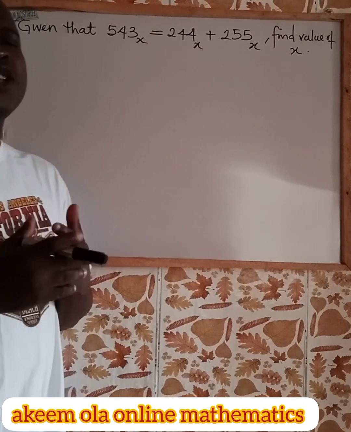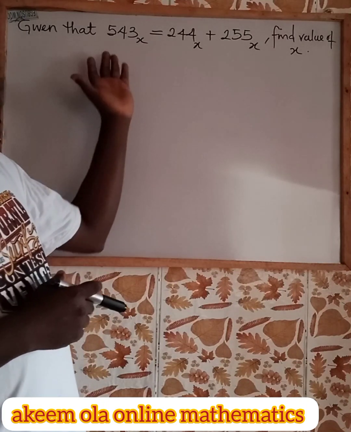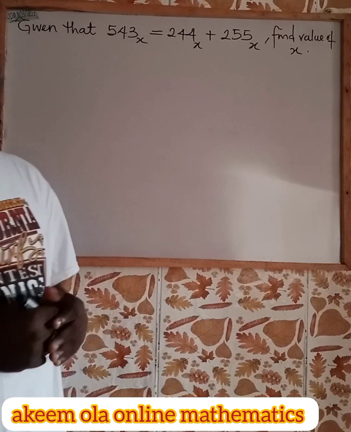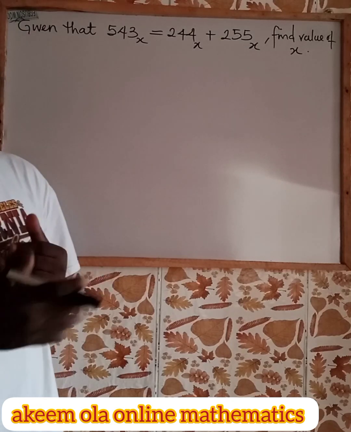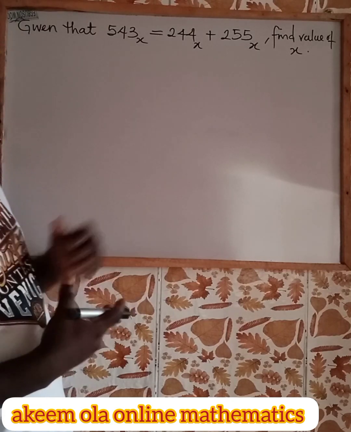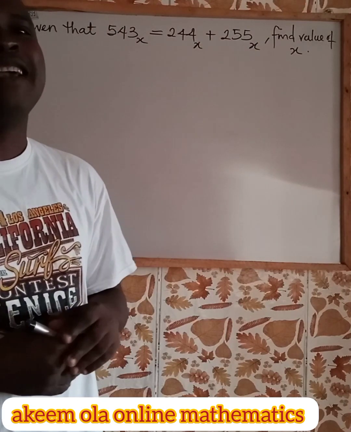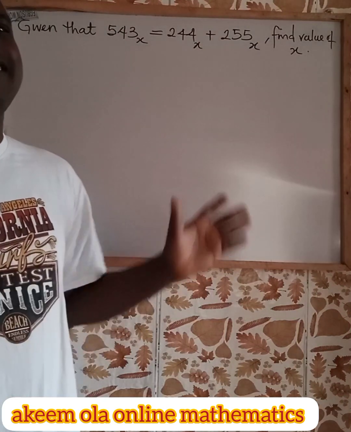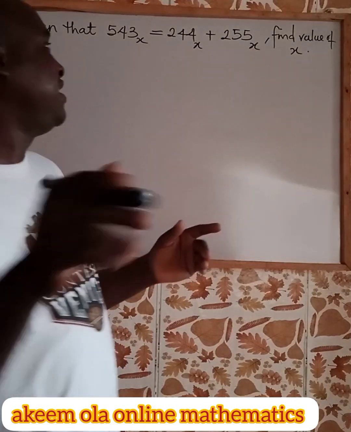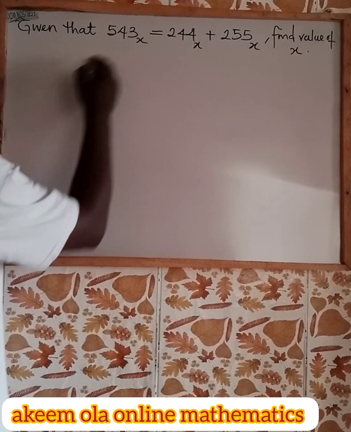Whenever you are given a question like this, it will be difficult for us to solve it like this. But we need to convert the three numbers to base 10 before we can do anything. Here is the solution.